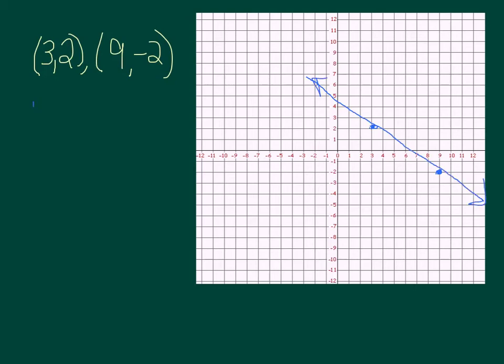Same thing. I'm going to find slope, x-intercept, y-intercept. Now you notice when I drew the line, did I stop right here at 3, 2? No, because I need the y-intercept.